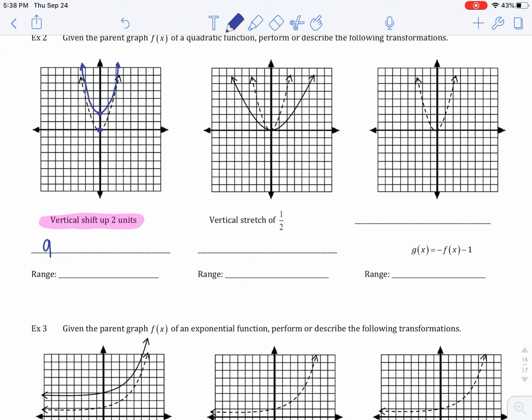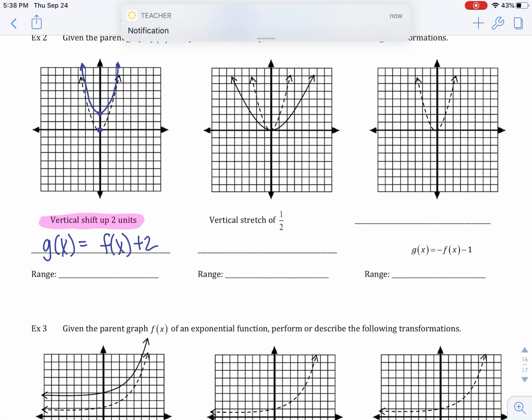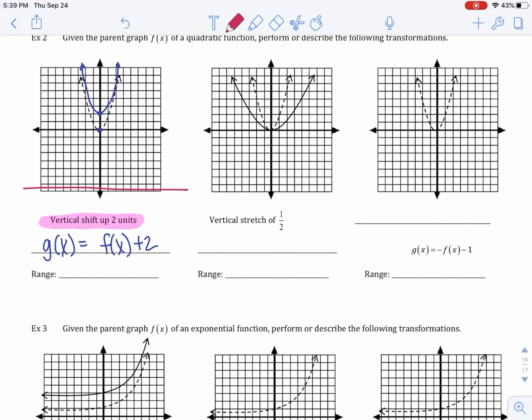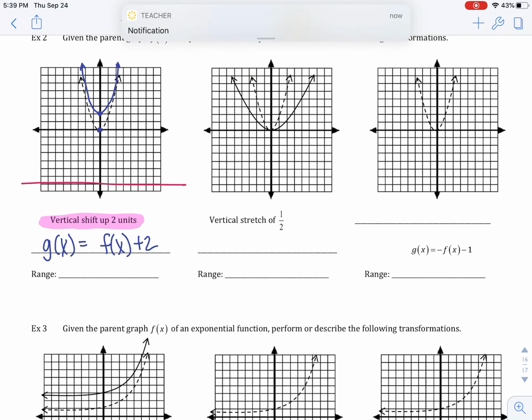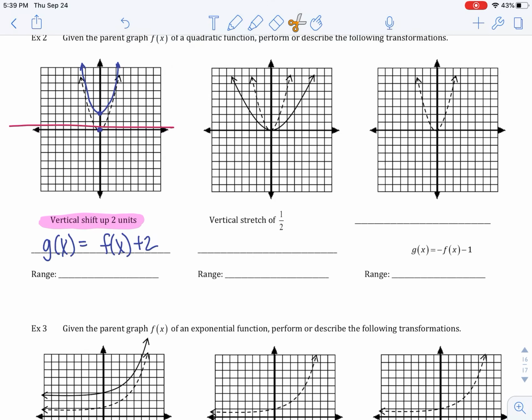So then I say g of x is equal to, the original dashed was f of x, and I did a vertical shift up 2, so plus 2 at the end, right? Now my range. So we have talked about range. I'm going to change this color. Remember, range is from bottom to top. So if I take this guy, I'm scanning it, scanning it, nothing, nothing, nothing.